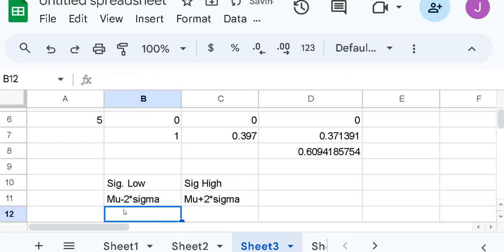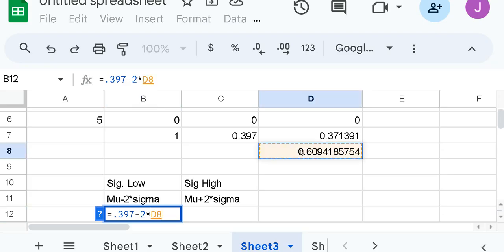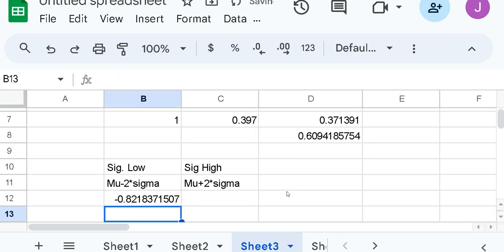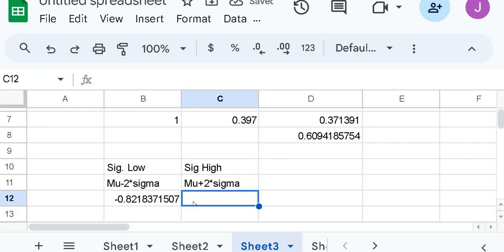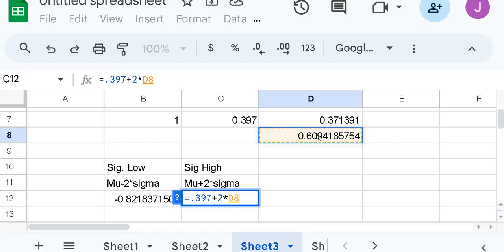So let's do both of those. I'm going to start with equals 0.397 minus 2 times, I'm just going to be lazy. I'm going to come over here and grab my sigma instead of typing it in. 0.397 minus 2 times sigma. That's significantly low. And I want to do the same thing for significantly high, so equals 0.397 plus 2 times sigma, which is up here.